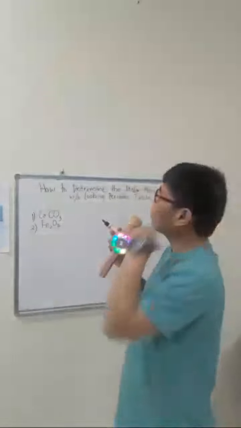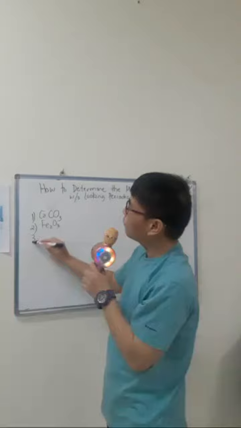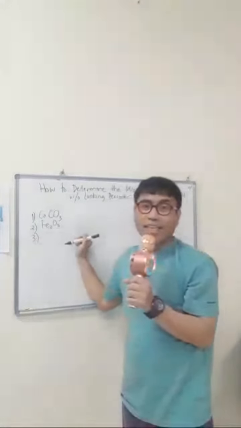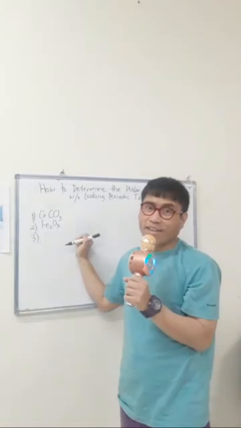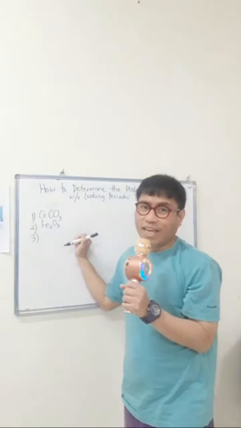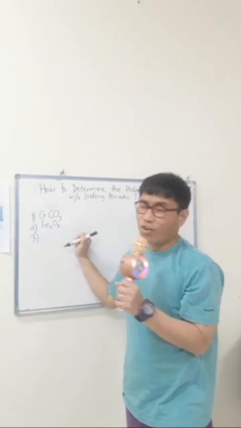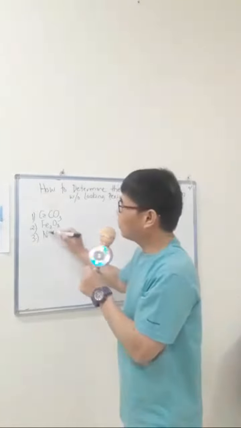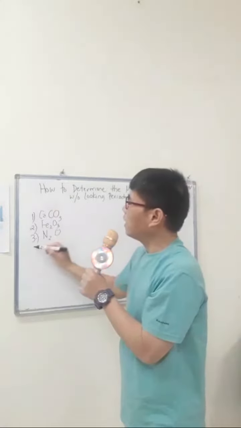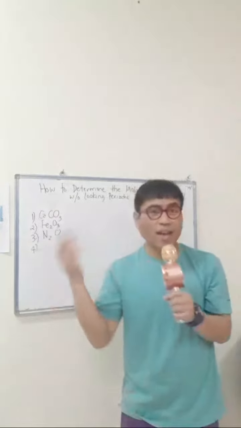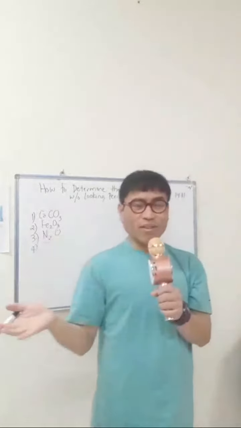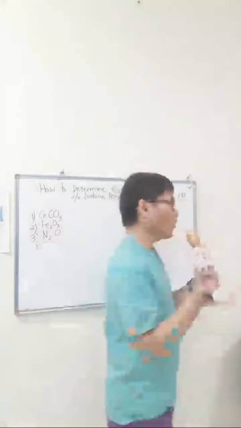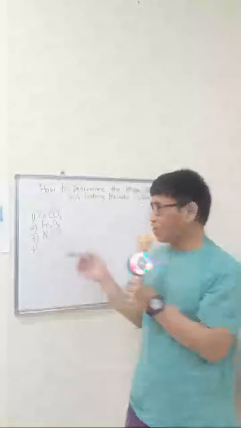Like that. Number three, we have the laughing gas. The gas that always smiles all the time. Laughing gas is dinitrogen oxide, N2O. Okay? This is the gas that makes people laugh most of the time. That's why it's called laughing gas. Okay, dinitrogen oxide.